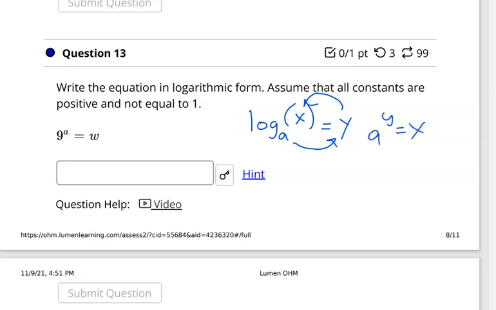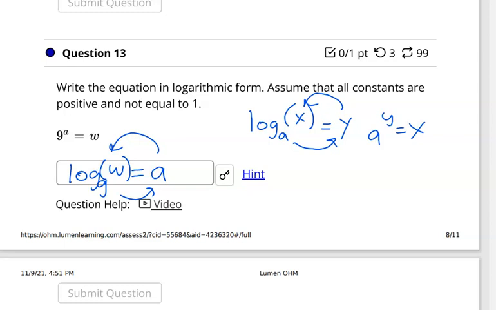When you see that, if we have log base 9 to the a equals w, that means 9 to the a equals w.